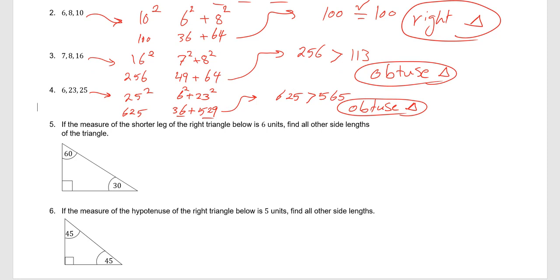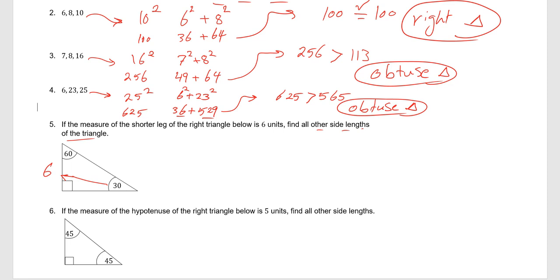Okay. If the measure of the shorter leg of the right triangle below is 6 units, so the shorter leg obviously is the one opposite the 30-degree angle, so this is 6 units. Find all other side lengths of the triangle.